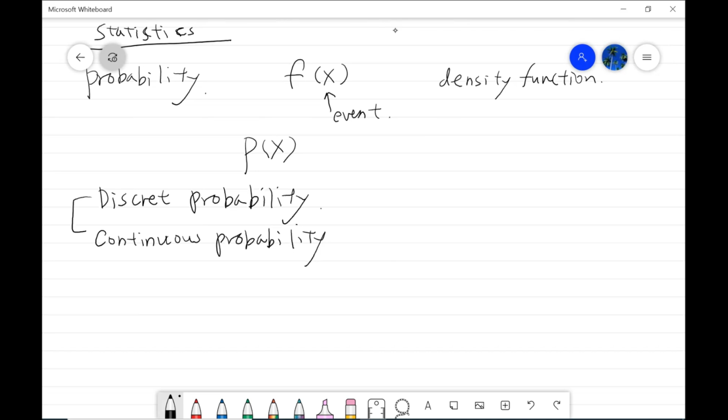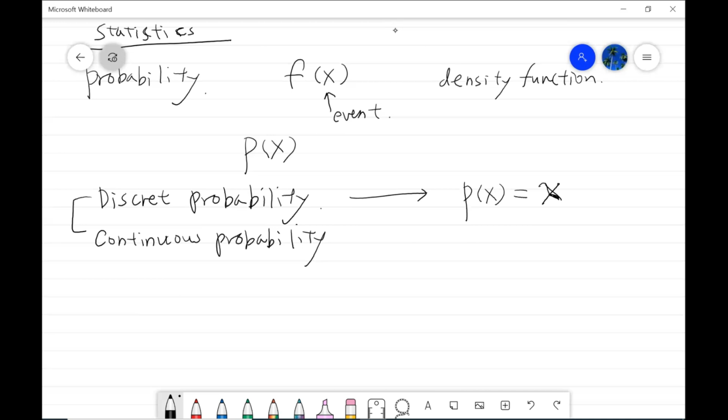So under the discrete probability, the way you describe the probability is just this way, let's say this is x. But on the other hand, with continuous probability, you are not able to describe the probability this way. Under the continuous, this is a continuous value. There's no discrete here. Just like a discrete case, if you toss a dice, what kind of event might you have?